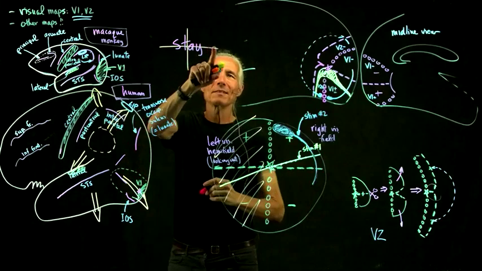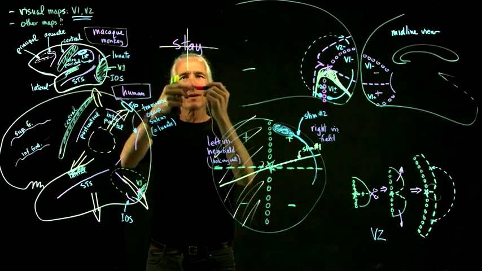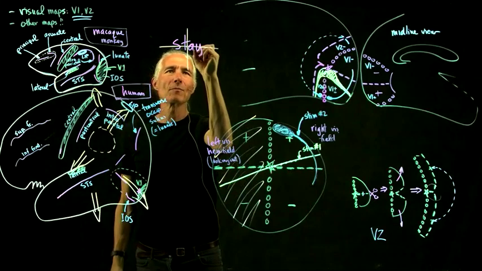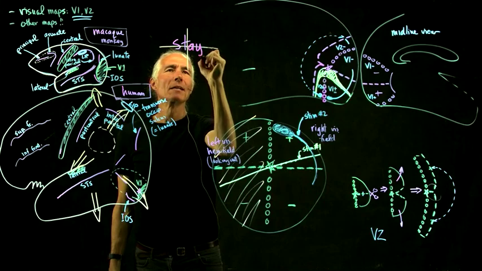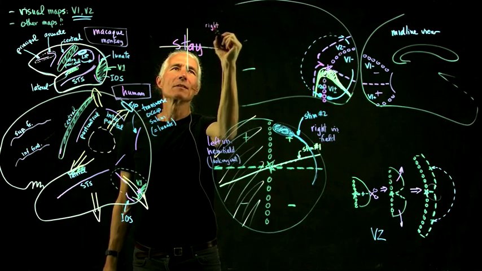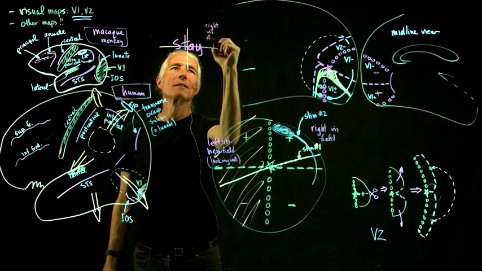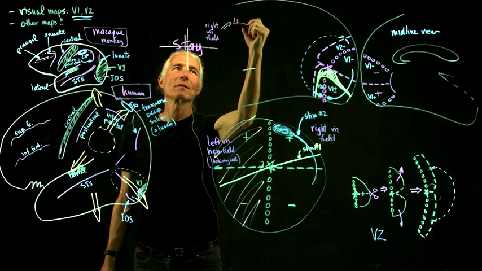Let's start with, before we do V2, let's just do V1. So what happens in V1? V1 is relatively straightforward. V1 takes the AY, and since this is the right visual field, that's going to go to the left hemisphere.